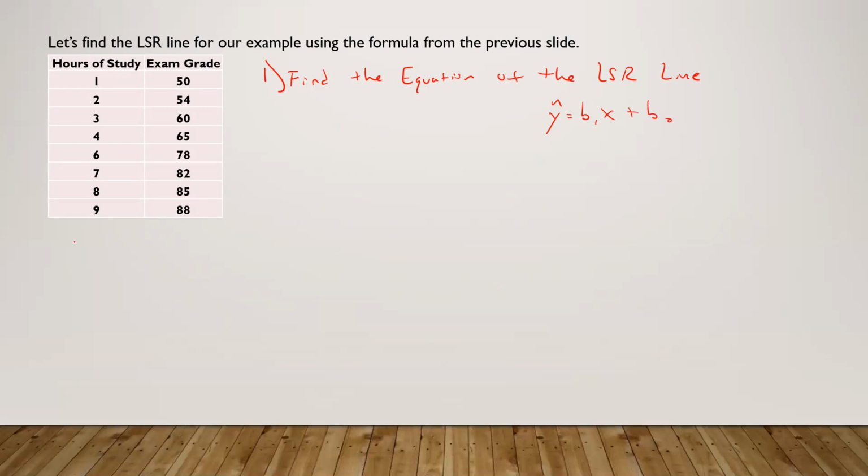We've already said that the hours of study is our explanatory variable, and the grade is our response variable, or the y.